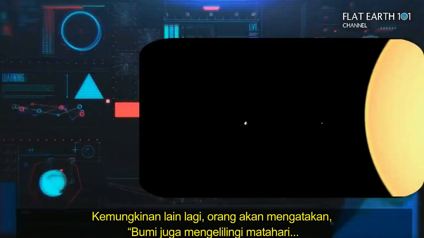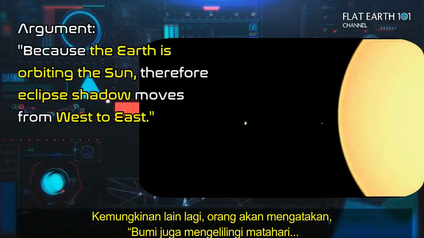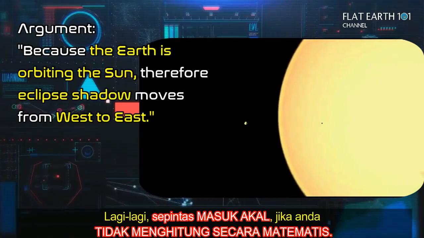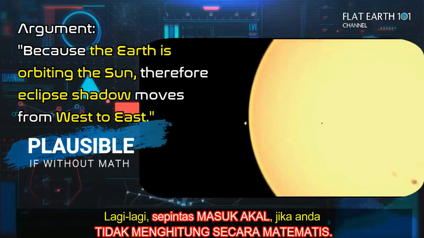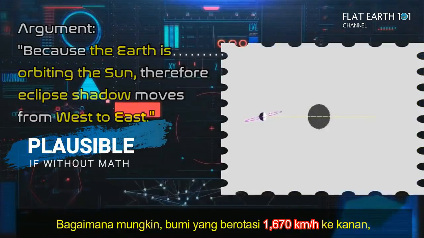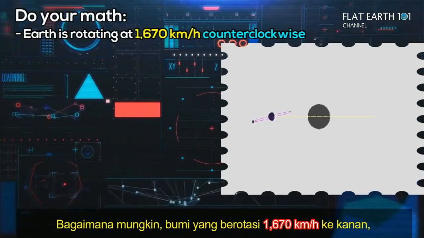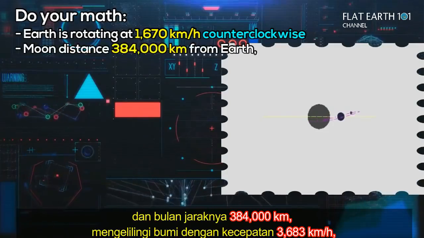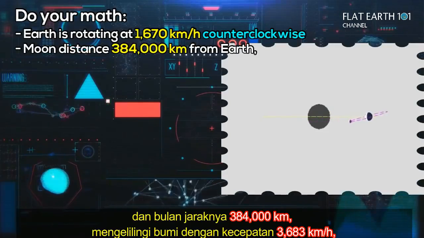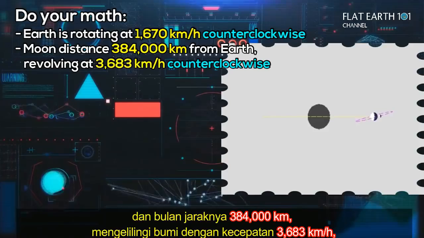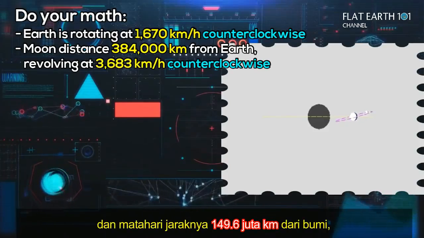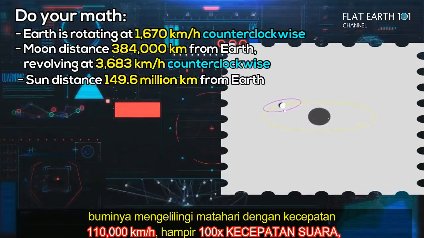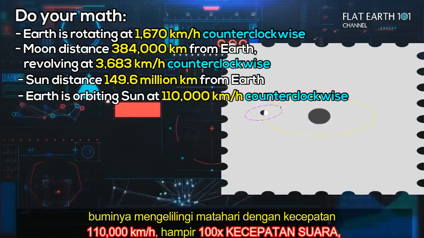Another possibility, other people would say the Earth is also orbiting the Sun. That makes the shadow move from west to east. Again, a plausible theory if you don't do the math. How come the Earth that's rotating 1,670 kilometers per hour to your right and the Moon is 384,000 kilometers away, orbiting the Earth at 3,683 kilometers per hour, and the Sun is 149.6 million kilometers from the Earth, while the Earth is orbiting the Sun at 110,000 kilometers per hour?